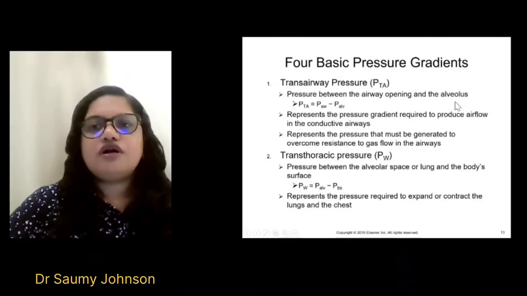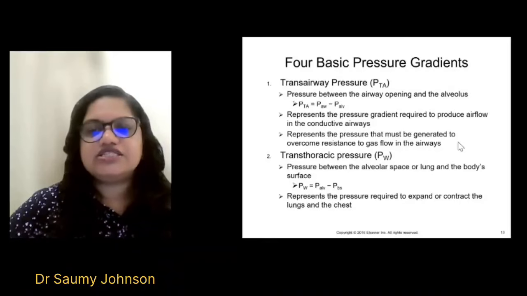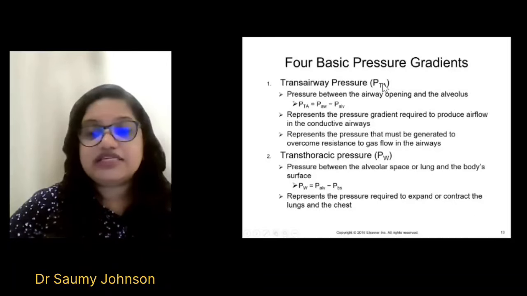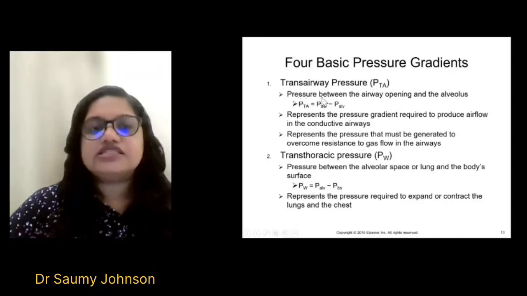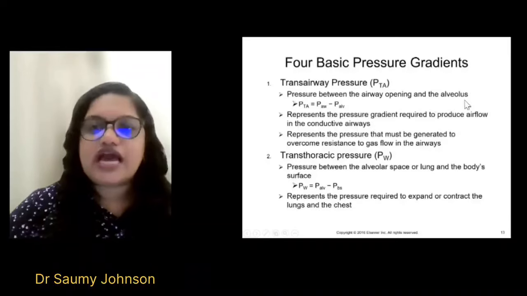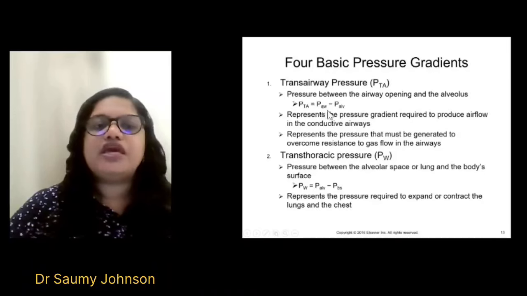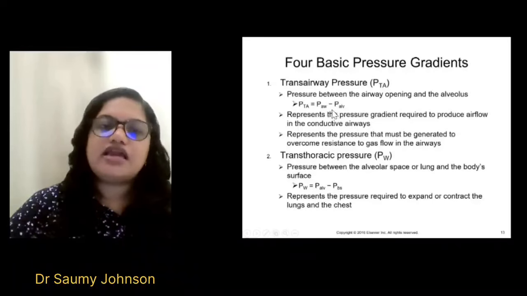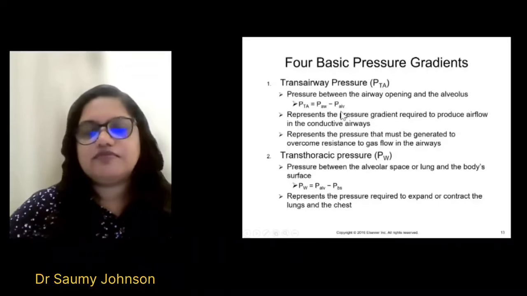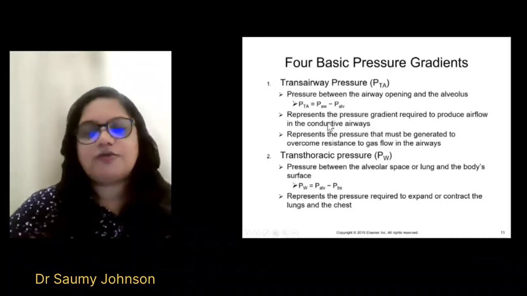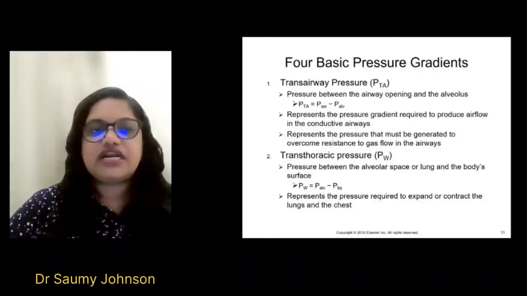There are four basic pressure gradients. What are they? The transairway pressure, PTA, is the pressure between the airway opening and the alveolus. So PTA is equal to P airway opening minus P alveolus. Why should we know about this particular pressure gradient?